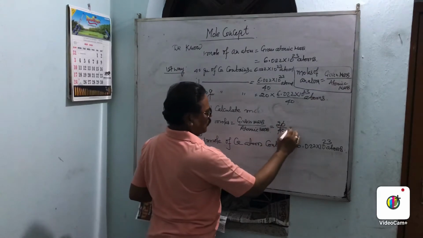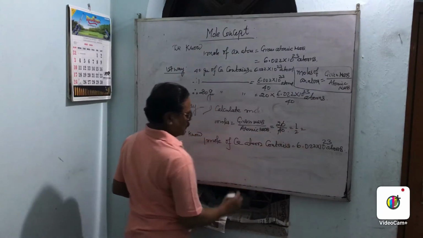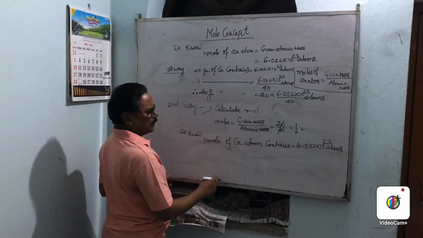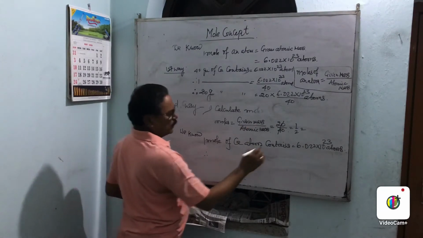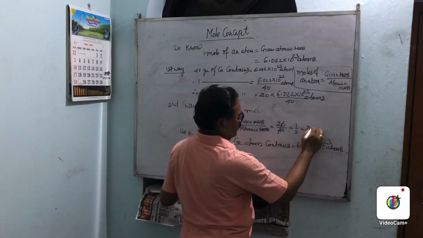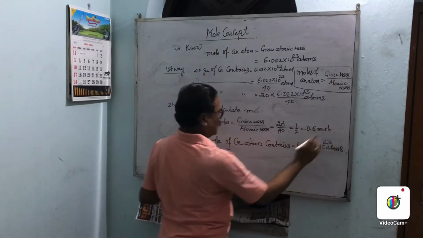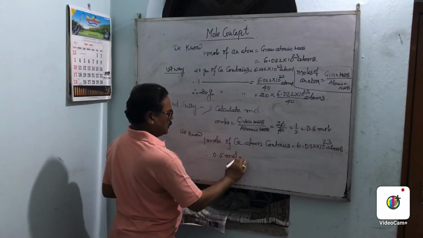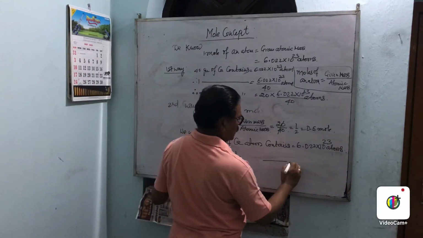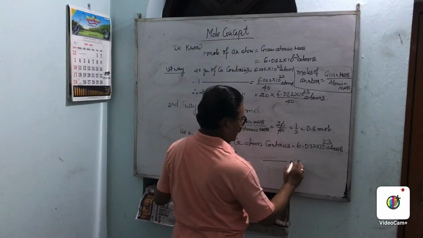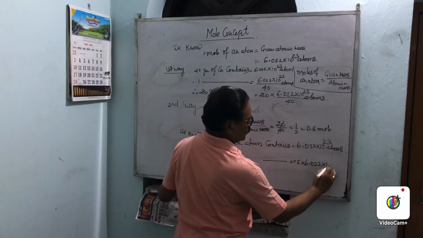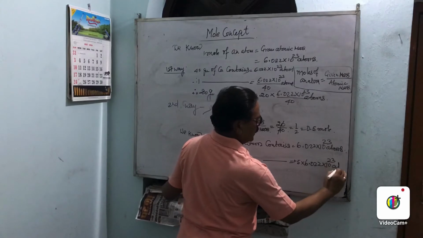This is 1 by 2 moles, that is 0.5. We write here 0.5 mole. So 0.5 mole will contain 0.5 multiplied by 6.022 into 10 to the power 23 atoms.